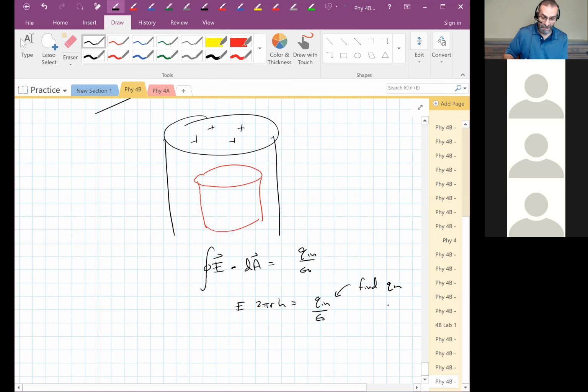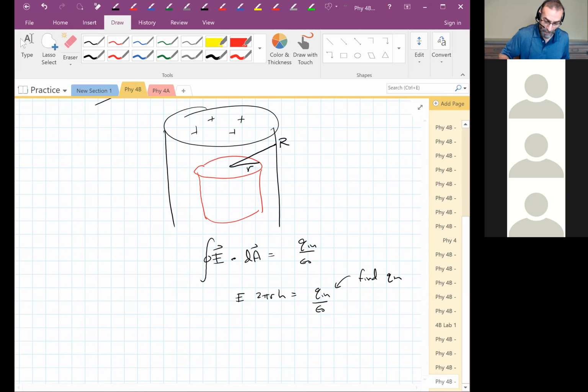Now you have to find Q in. And so now the radius is important here, right? So we're at location little r, and this is capital R. And so you'd have to do a ratio of those areas to find how much charge is inside our region there, right?